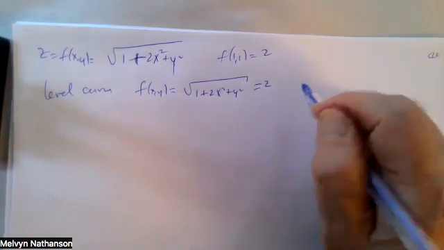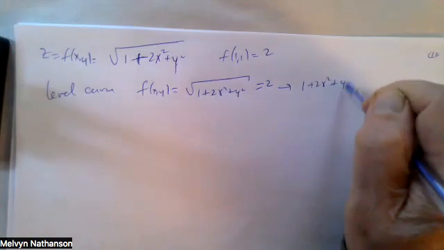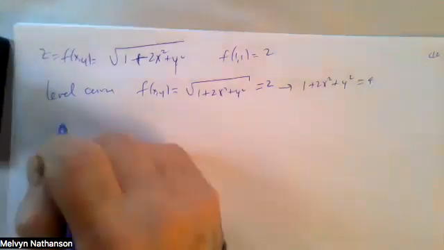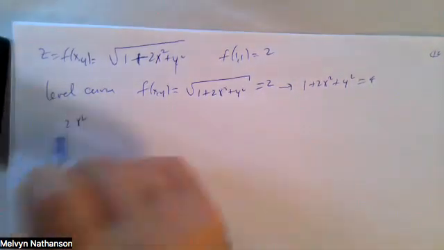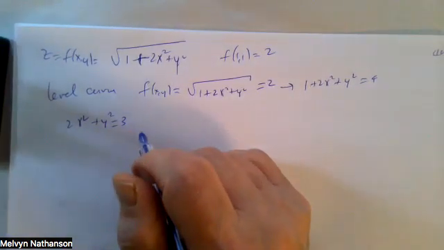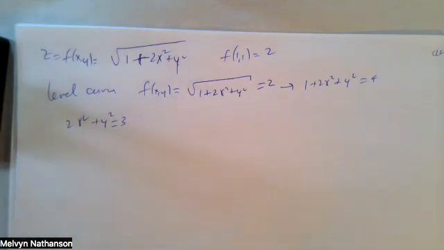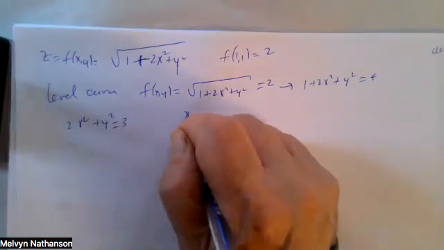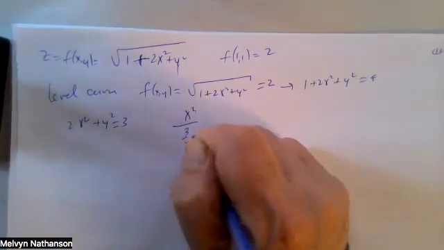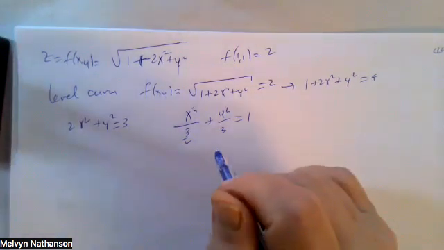What is that curve? If I square both sides, I get 1 plus 2x squared plus y squared equals 4, or 2x squared plus y squared equals 3. In the usual form in which you write an ellipse, this is x squared over 3 halves plus y squared over 3 equals 1.